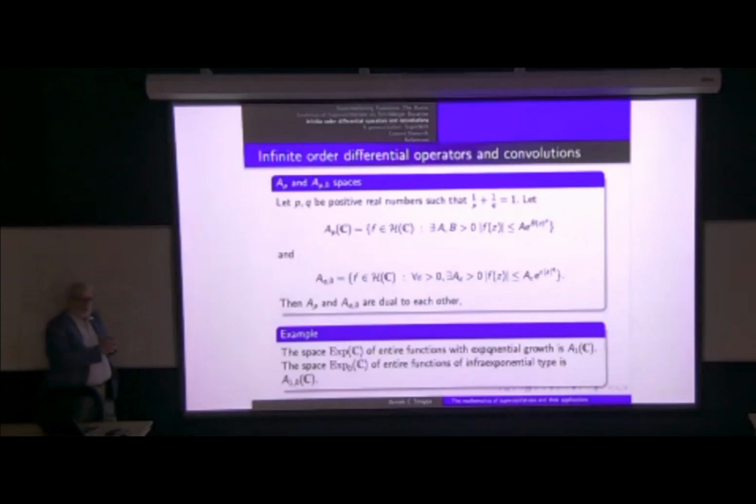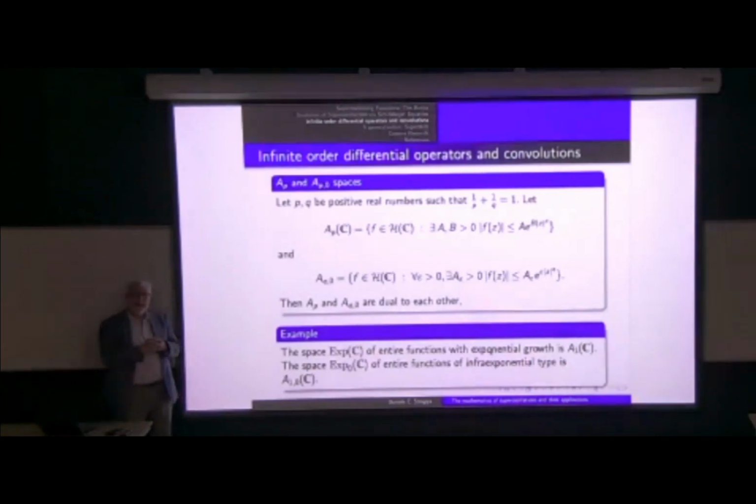When you have an infinite order differential operator in the strict sense, this can be thought of as the Fourier-Borel transform of analytic functions carried by the origin. And so it will map holomorphic functions to holomorphic functions.